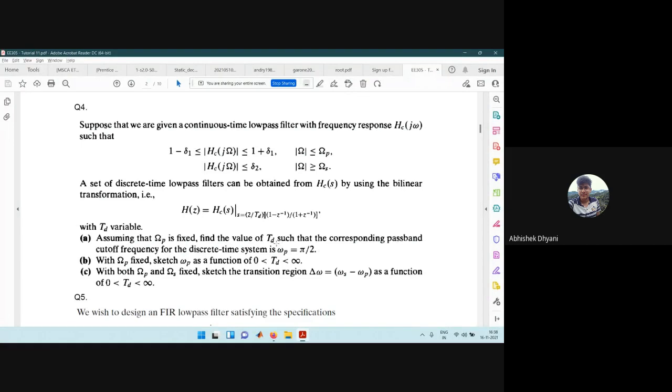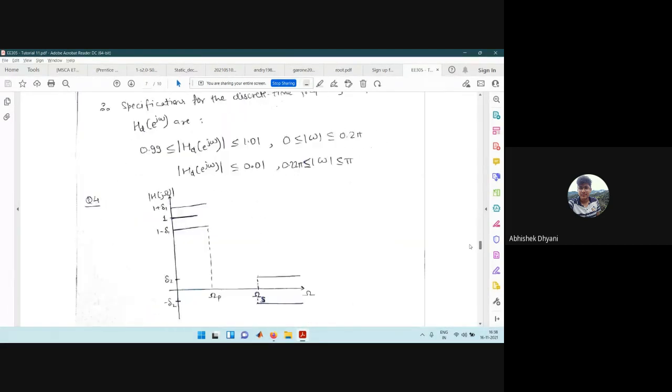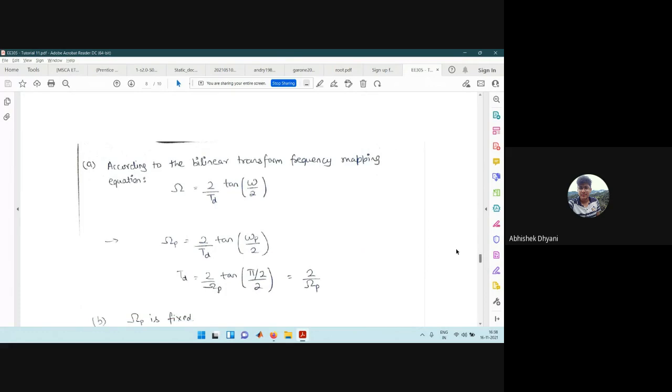So we have been given small omega p for the discrete time system. We have been told that capital omega p is fixed and we have to find out Td. Now there is another relation that we will look at to solve this, and that is how the frequency maps in case of bilinear transformation, and this is that result.